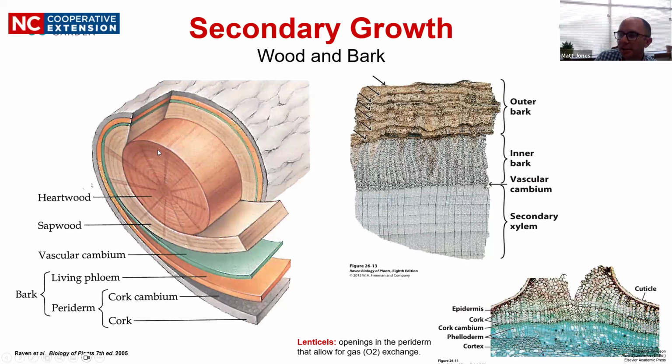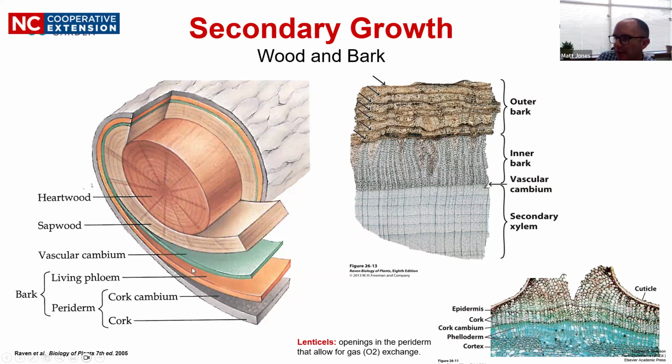The hardwood is at the centermost of a woody plant, and those are always the oldest xylem cells, and those are typically non-functional at maturity. It's the sapwood that's still actively involved in transporting water. Just beyond the sapwood is the vascular cambium, which makes more xylem this way, more phloem this way.